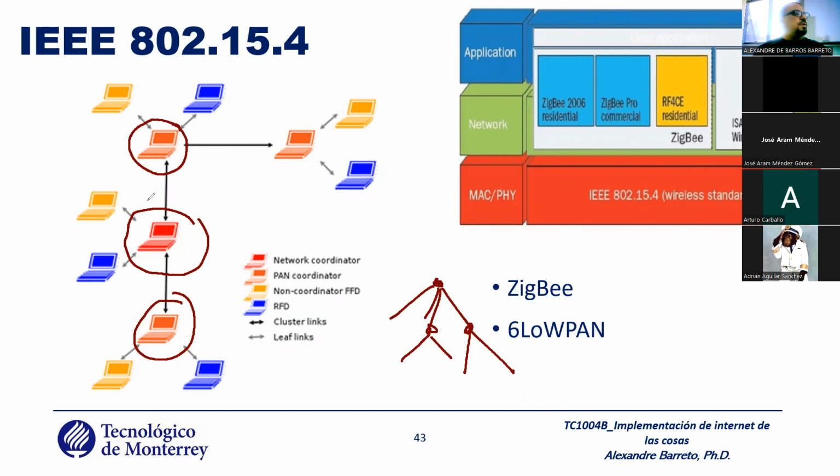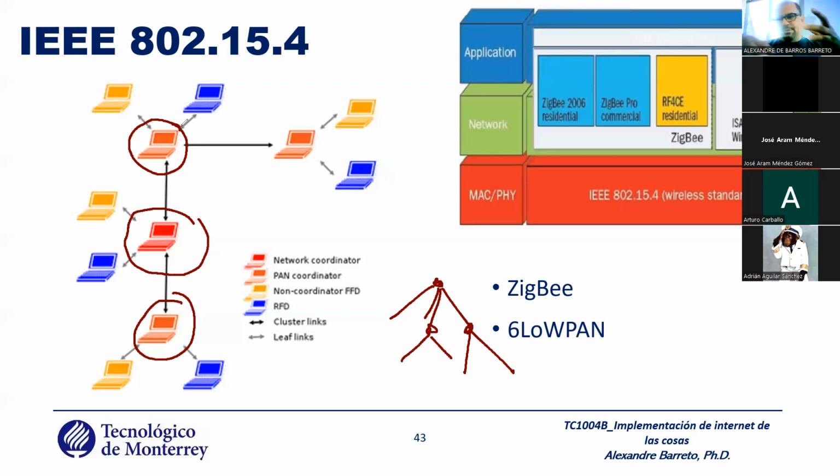You have the network coordinator that designs small cells. Think of the PAN coordinator as a small cell. For example, you install this technology in building one. The equipment configures, negotiates, and elects one node to be the network coordinator.